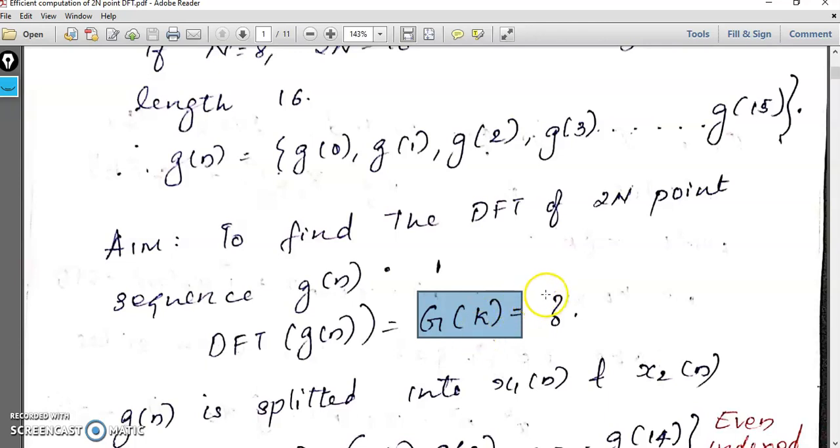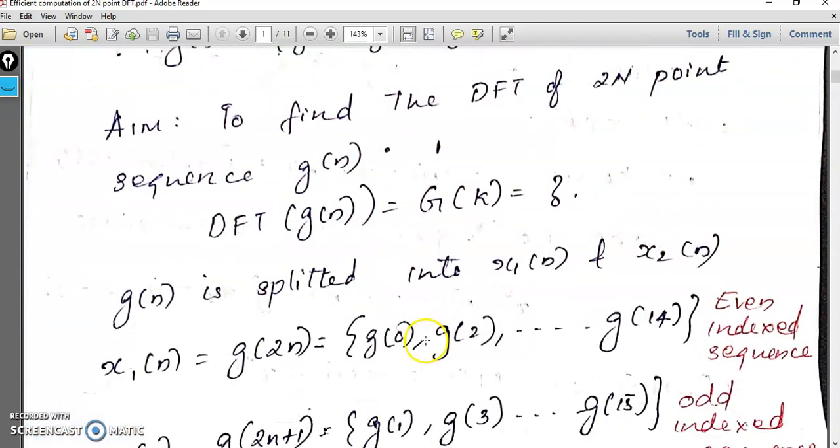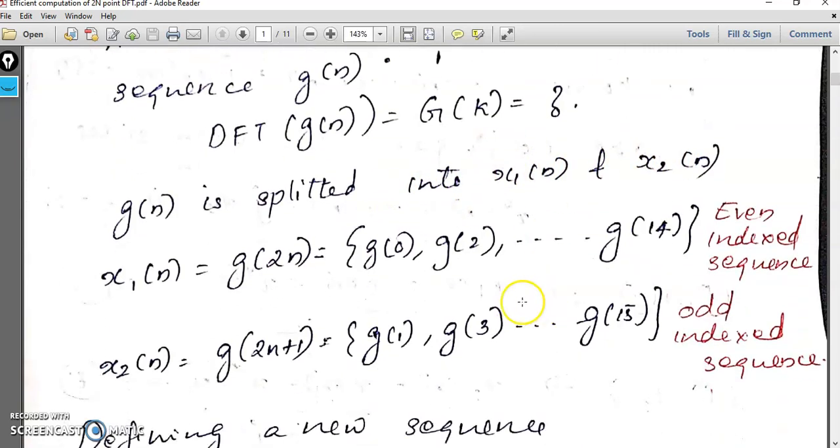First of all, we split g of n into two sequences, x1 of n and x2 of n. x1 of n is the even indexed sequence of g of n, that means g of 0, g of 2, up to g of 14.